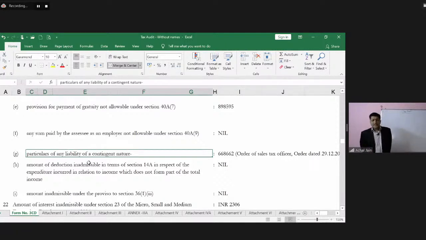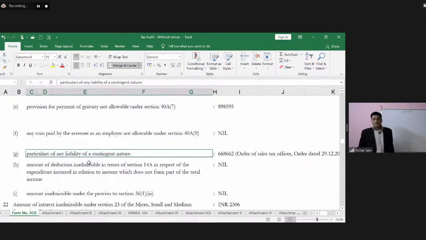Next, it says any sum paid by the assessee as an employer not allowable under section 43B. Particulars of any liability of a contingent nature. Amount of deduction inadmissible in terms of section 14A in respect of expenditure incurred in relation to the income which does not form part of the total income.